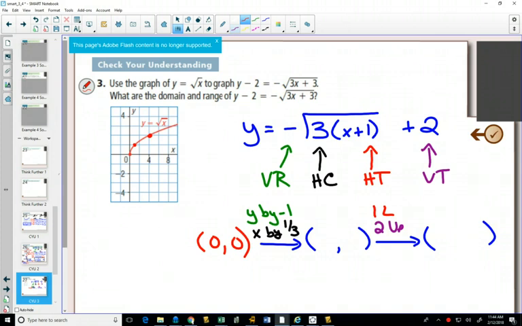Not that that's bad or the end of the world. It just means that you're going to have to do harder mental math when you have to move left 1 and up 2. Can you see that if I chose the point 9, 3 as my second point, I avoid fractions?